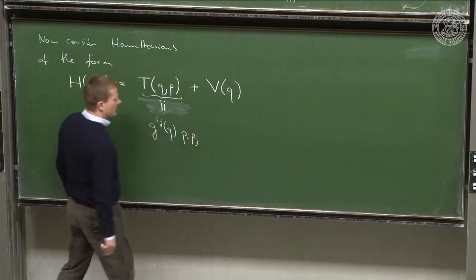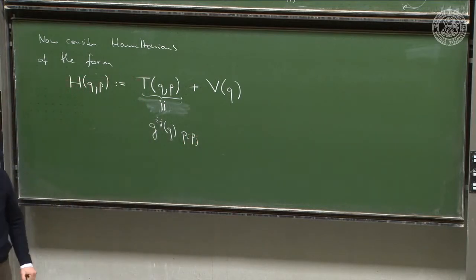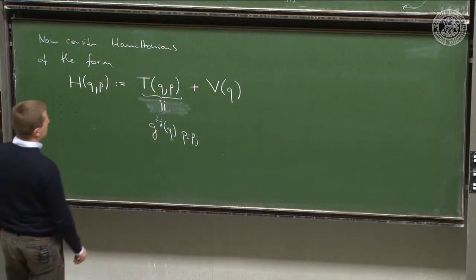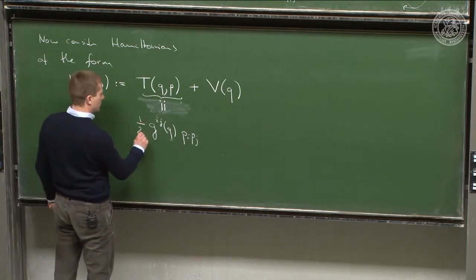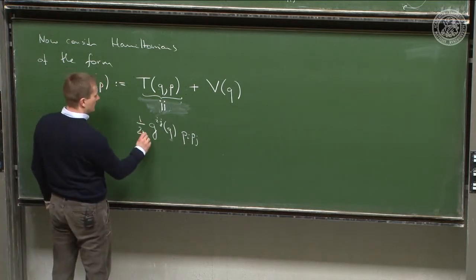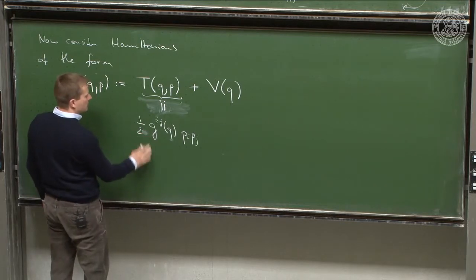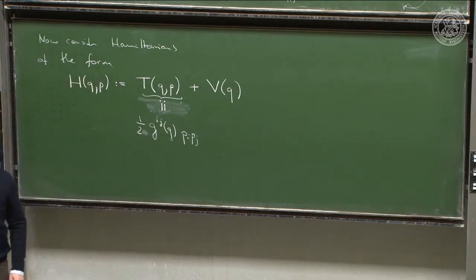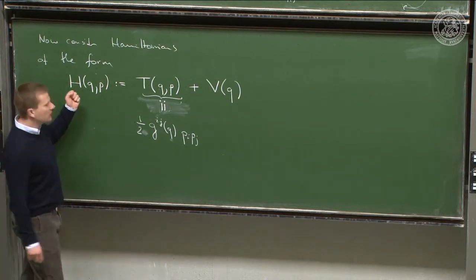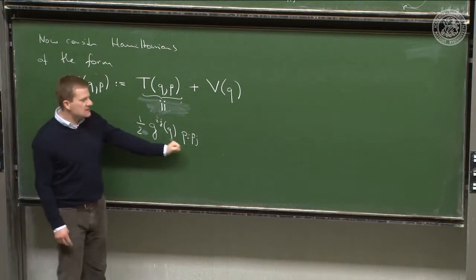p_i p_j. So in other words, we'll have a quadratic kinetic term. And you can put a 1/2 in front, like 1 over 2m, where we just put a 1/2 in front. So mass is 1, or you absorb it, something like that, for our theoretical investigation. So we look at Hamiltonians that have this kinetic term.